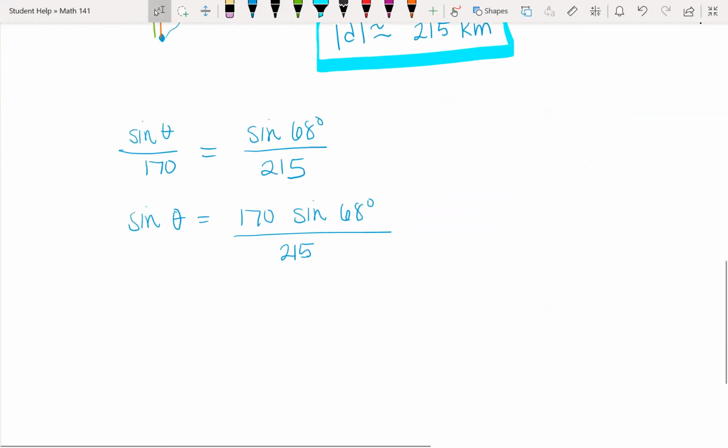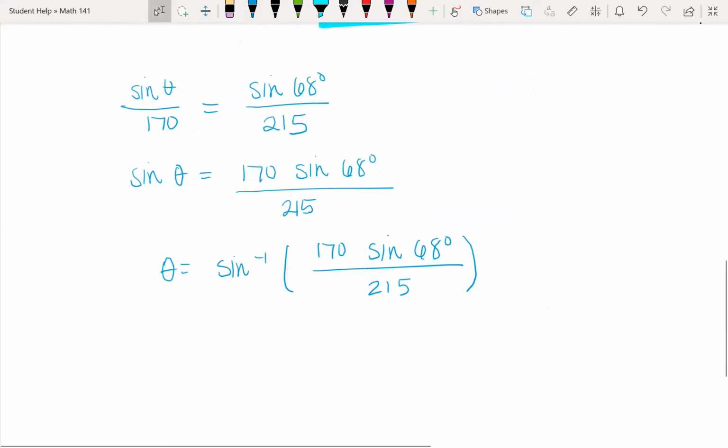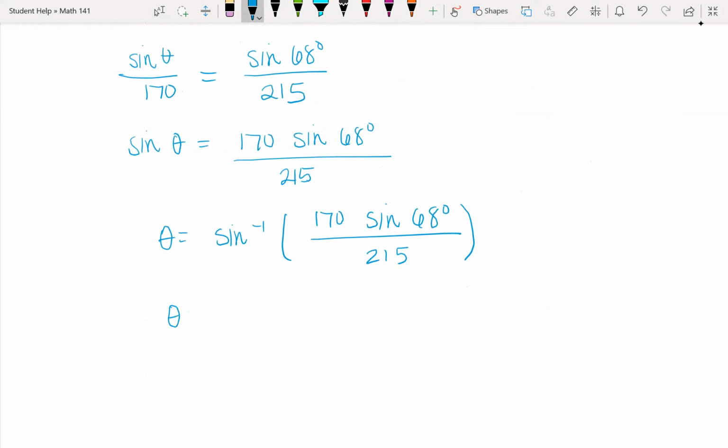And then in calculator, we'll enter theta is equal to sine inverse this whole quantity. Right, so entering that into the calculator, we get that the angle is approximately 47 degrees.